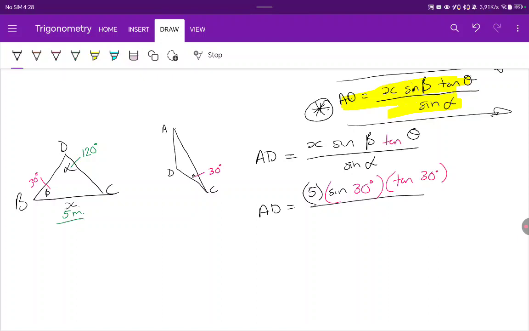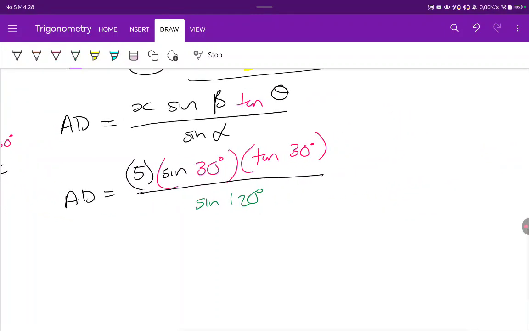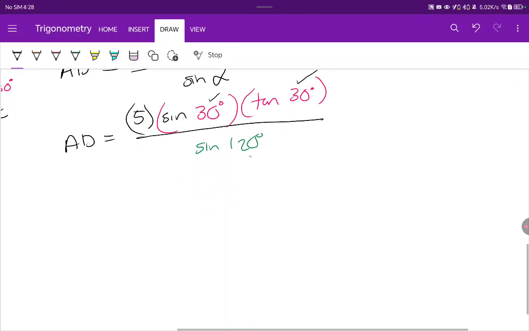And our denominator is alpha, which is sine of 120 degrees. So far, so good. We are doing this without any calculator. The minute you see no calculator, you think special angles. Do we have special angles? Yes. So first we're going to reduce that one.